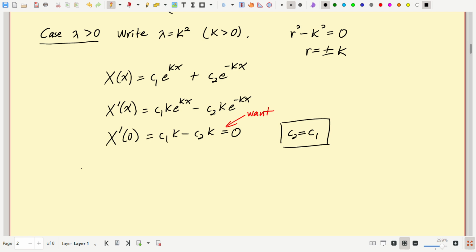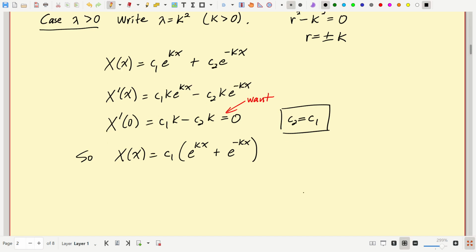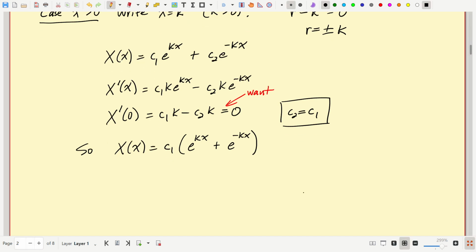Okay, so my X of x is c1 times e to the kx plus e to the minus kx. That's like the hyperbolic cosine. It's 2 times the hyperbolic cosine in the parentheses there. Now we can worry about the other endpoint.